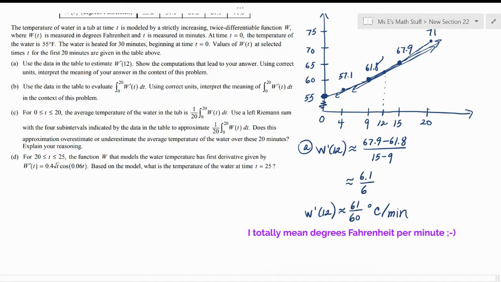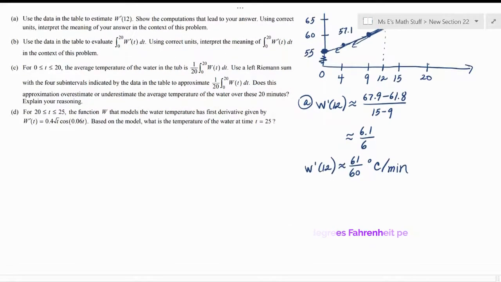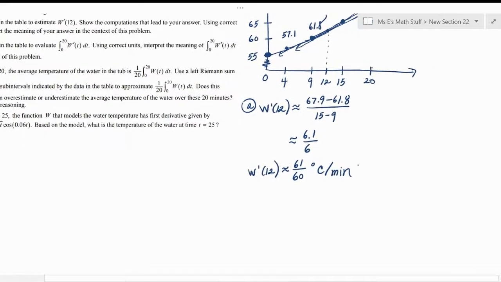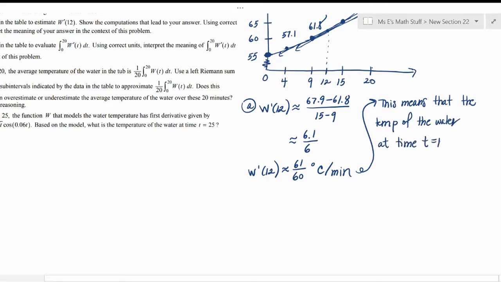Now they wanted you to interpret what this means in context to the problem, including correct units. And so let's see, I think I'll go this way. And this means that the temperature of the water at time t equals 12, and let's put units on there.